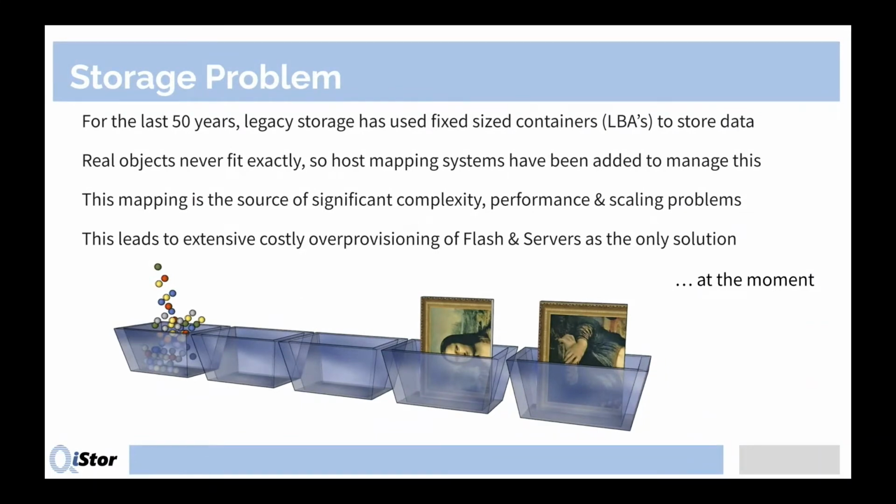And so what we've done over the years is we've added mapping layers in the host to solve this problem. And this mapping is a source of a lot of complexity and performance and scaling issues. And all this results in a lot of over-provisioning of the flash and the servers as the only solution at the moment.